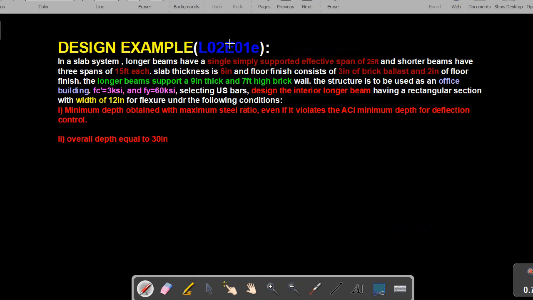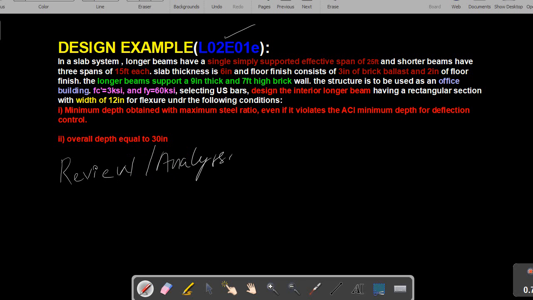Now in the present lecture, which is lecture 02 example 01 part E, we will review this problem. This is the review, or analysis, of this example.